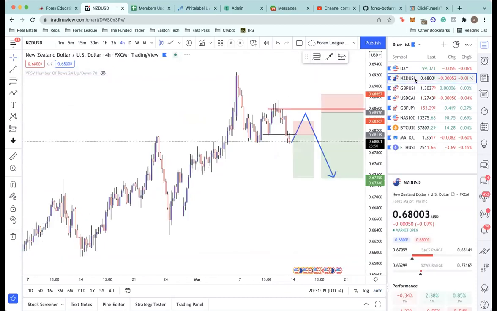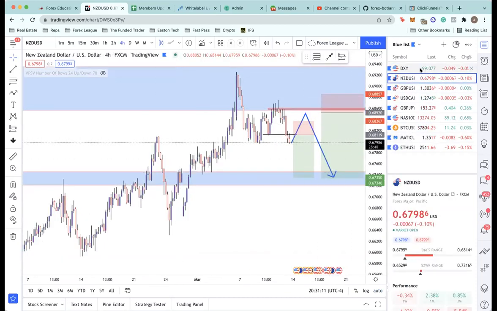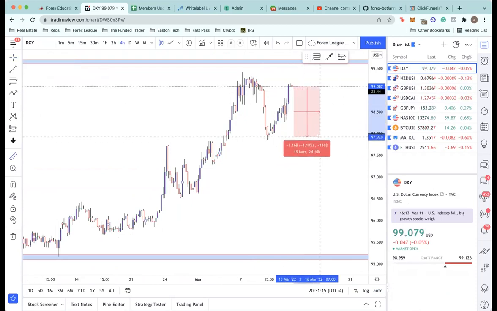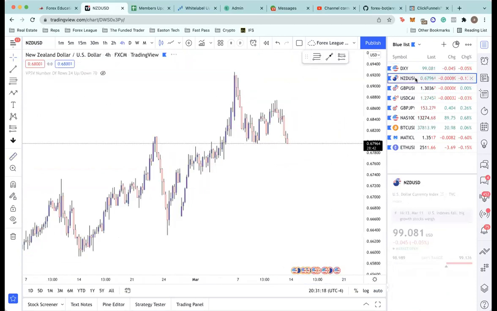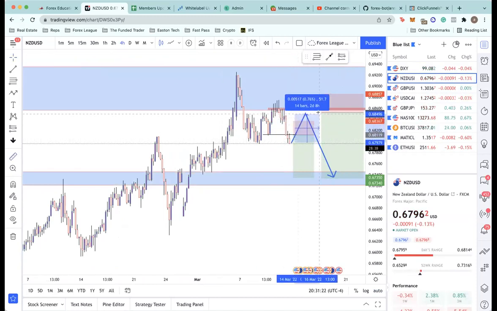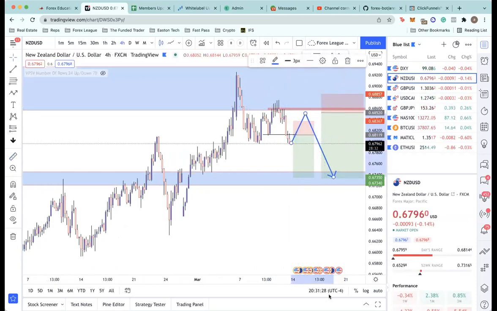So we just want to be aware of that. I want to see how the dollar actually shapes out. Say we have a retracement here all the way back down to support, about 1% down. Then NZD USD, we could see moving up all the way up to this level, pretty much in this zone up here. And then that would trigger our idea number 2.